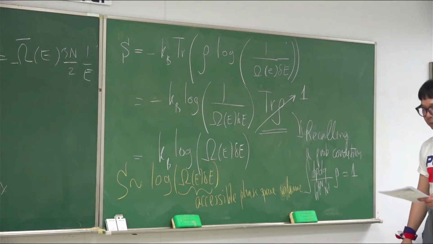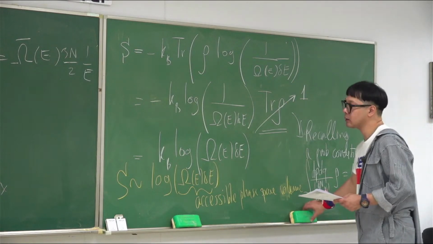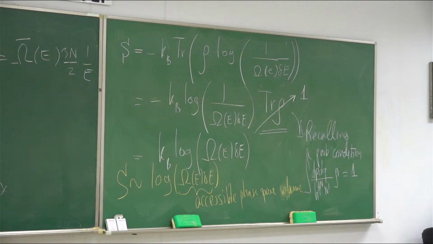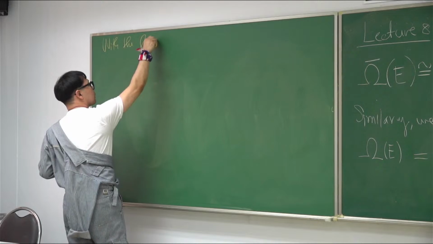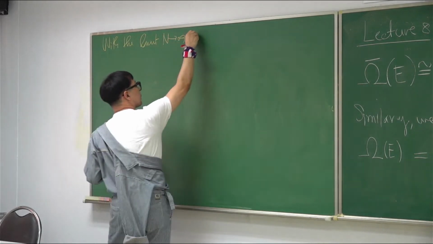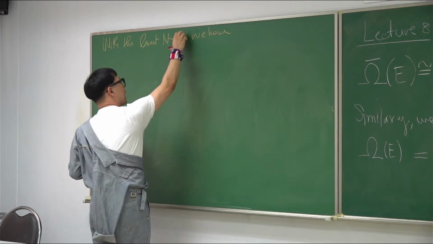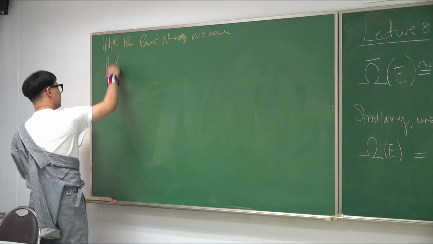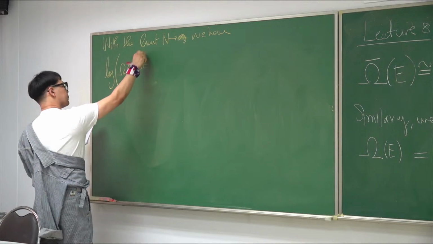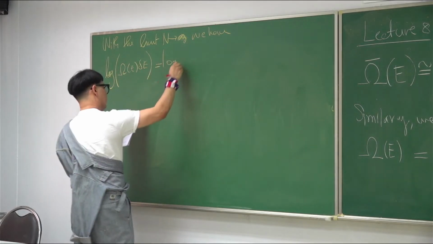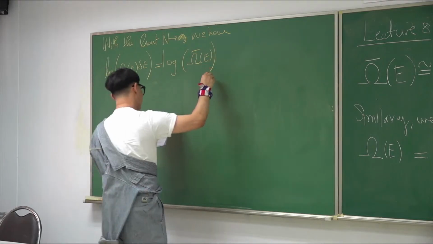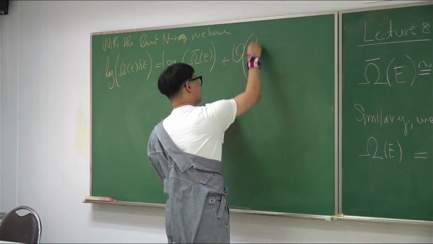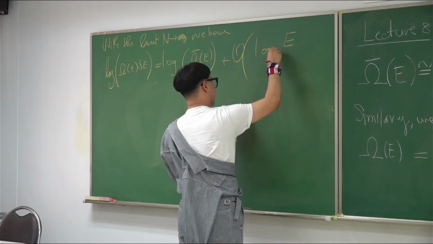Okay, and with the limit of large N, you're going to have actually this one could be expressed in terms of this omega bar.